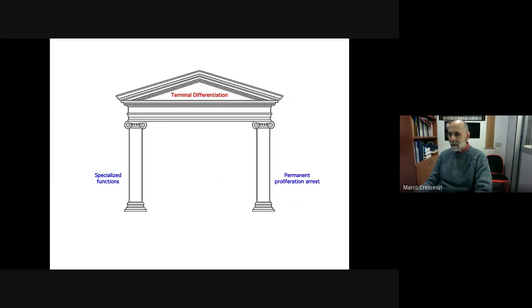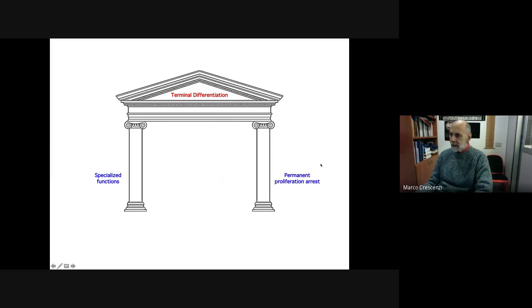So calling a cell specialized is rather subjective, and there are highly specialized cells, such as hepatocytes, for example, that are not terminally differentiated. So this is one problem.